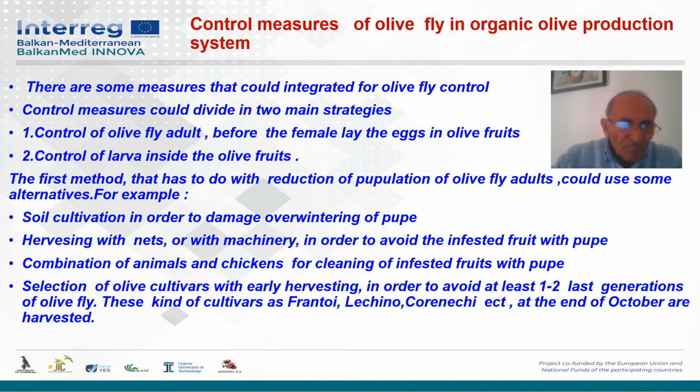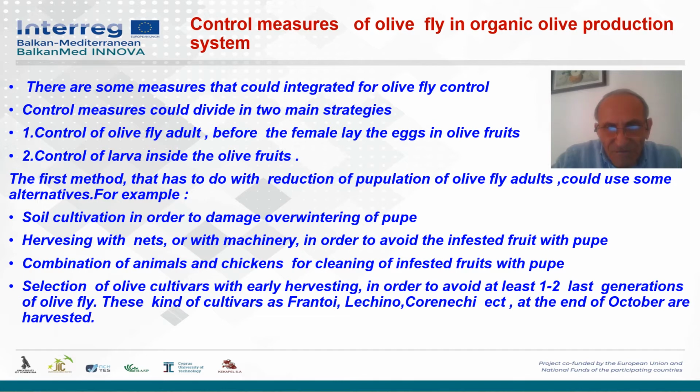For example, soil cultivation in order to damage overwintering pupae, harvesting with nets or with machinery in order to avoid infected fruits with pupae, combination of animals and chickens for cleaning infested fruit with pupae, selection of olive cultivars with early harvesting in order to avoid at least the first or second generation of olive fly.